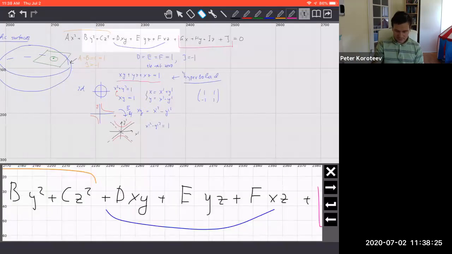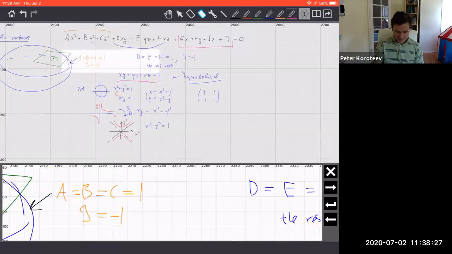Okay, and how about this? A equals B equals C equals 1, and everything else, including J, is equal to 0. So the equation is x squared plus y squared plus z squared equals 0. A point, right? That gives you a point.